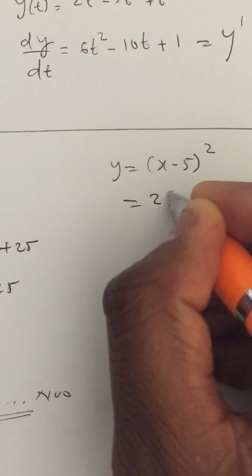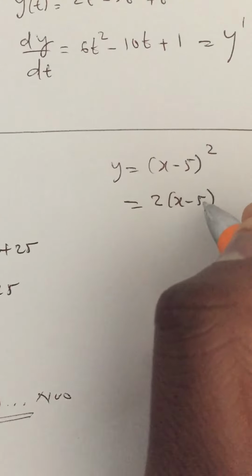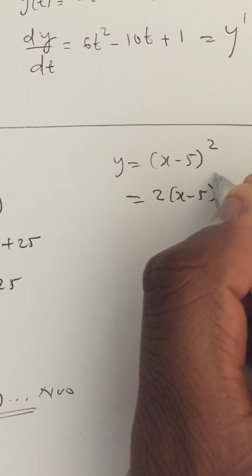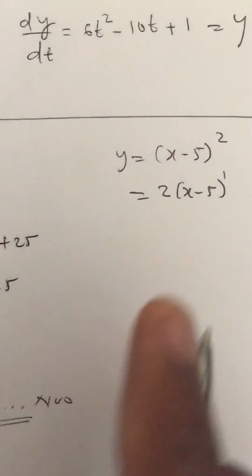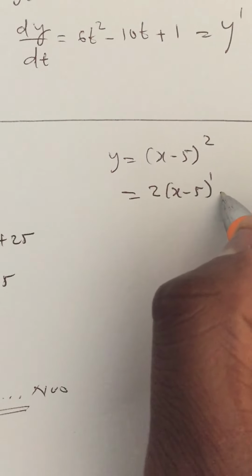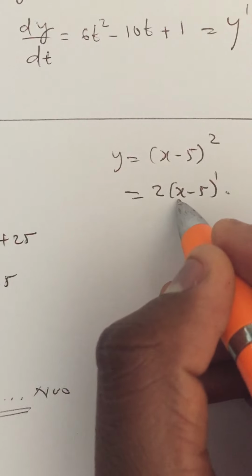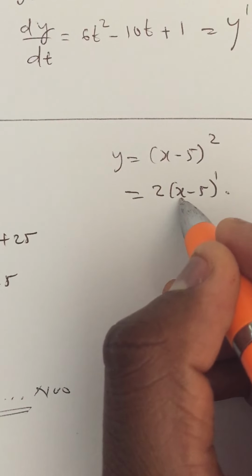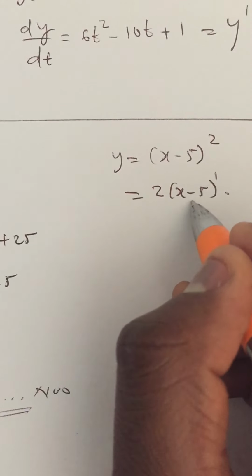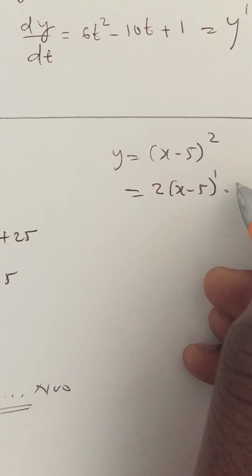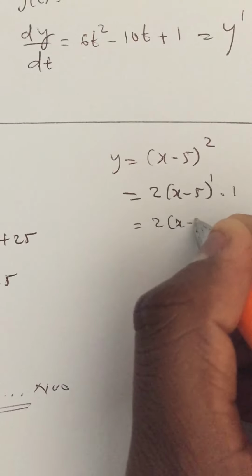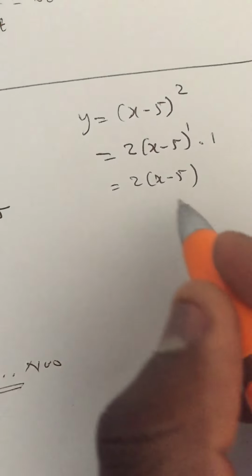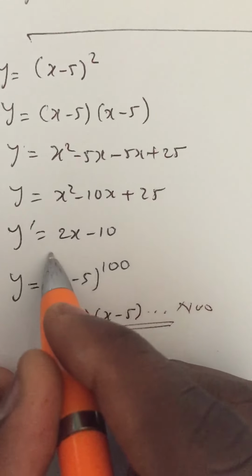It's going to give you 2 times x minus 5 to the power 2 minus 1, so it's going to give you 1 here. And then after dealing with that, you go inside. What is inside? Inside is the function x minus 5. So x minus 5, what is it going to give you? Obviously it's going to give you 1. So this is the same as 2x minus 5. If you check this answer, it is exactly the same as this.